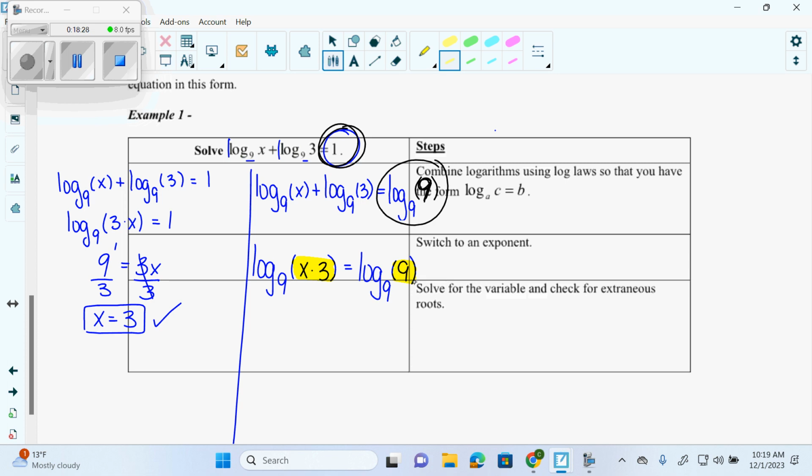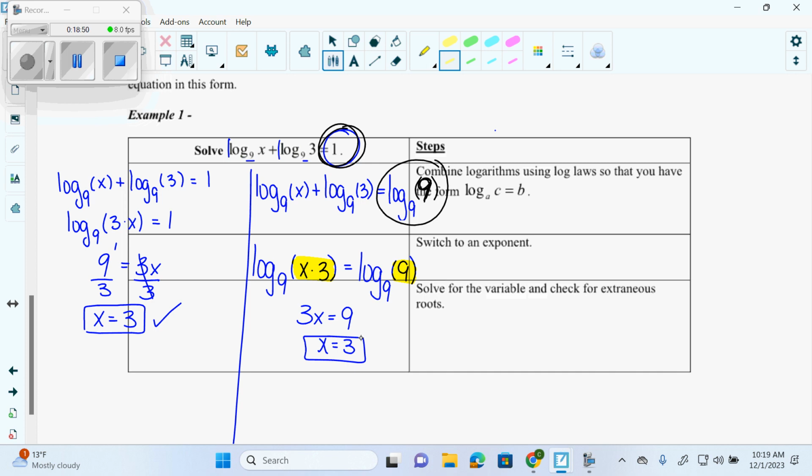If log base 9 of something equals log base 9 of something, is it not true that those somethings have to equal? So now I have 3x equals 9 and x equals 3. Exact same answer. Making them all logs just means you don't have to convert to exponential. That's all it bypasses.